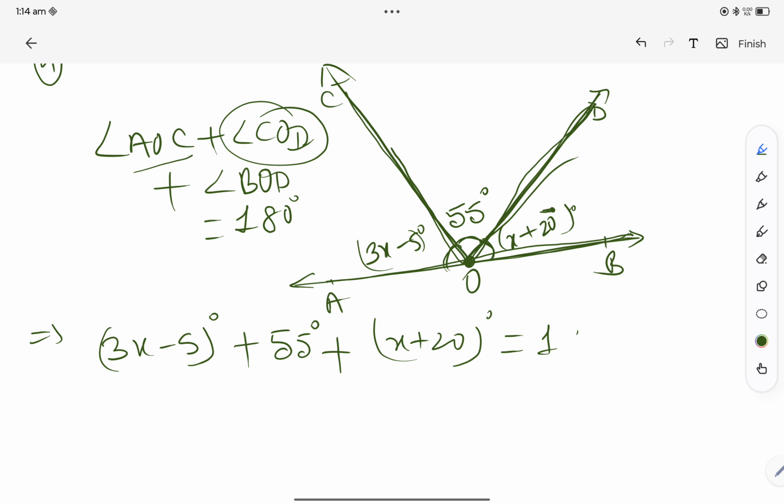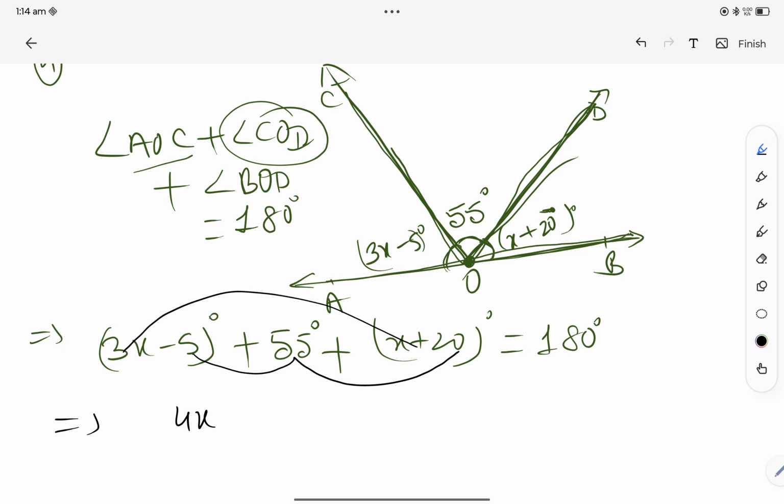And the sum is 180 degrees. Now add these x values together. So 4x, and when these three numbers are added together, it gives you 70, which is equal to 180 degrees.